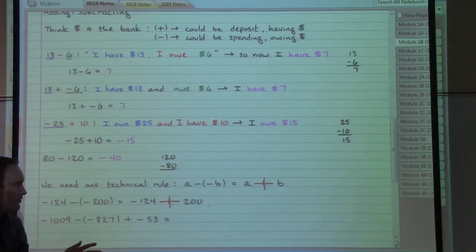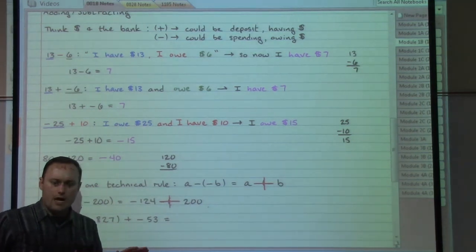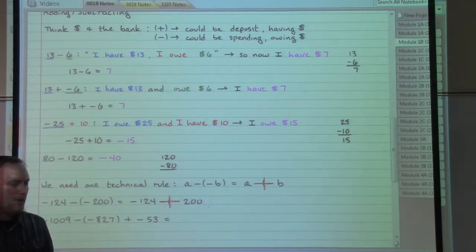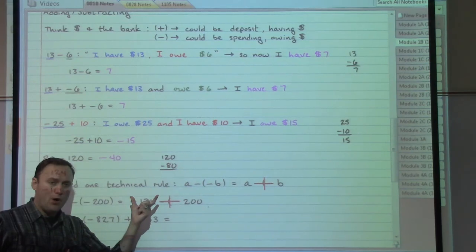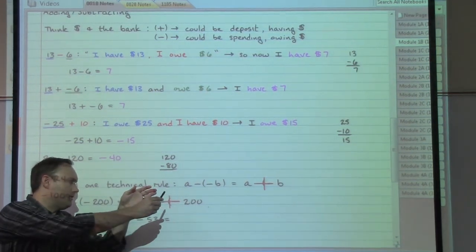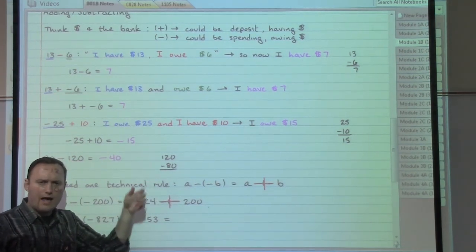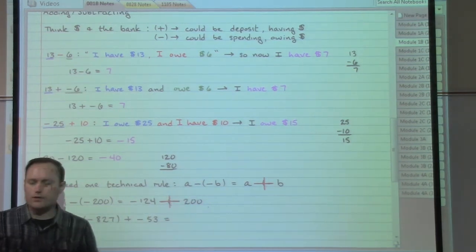Now that that extra technical junk in the middle here has been cleaned up, I can think of the money version of this problem and try to work out my answer. I owe 124, plus 200, positive 200, basically meaning that I have 200. So I owe 124, I have 200.